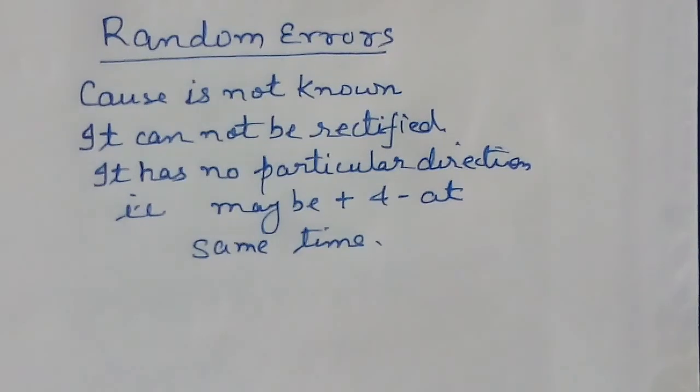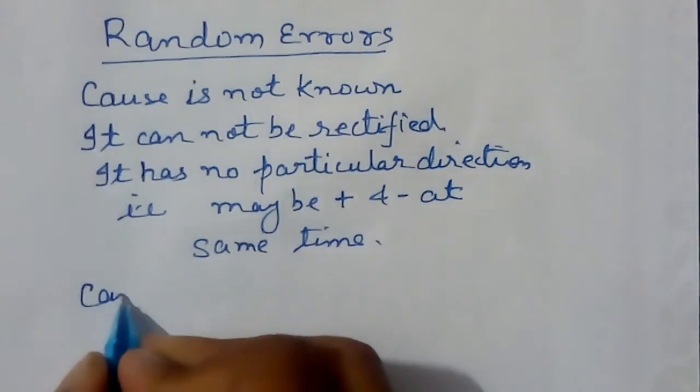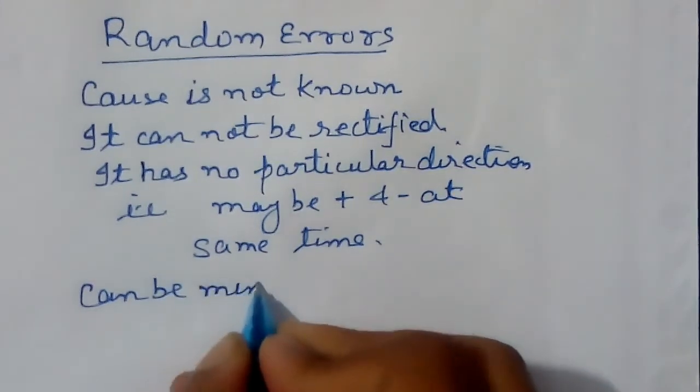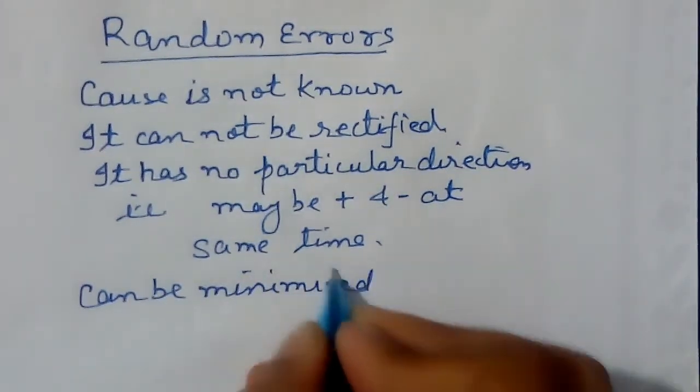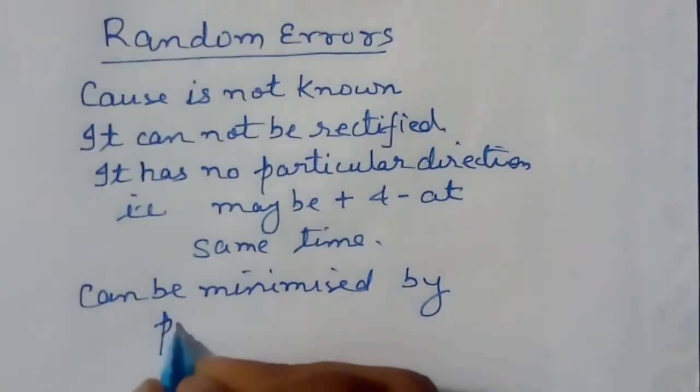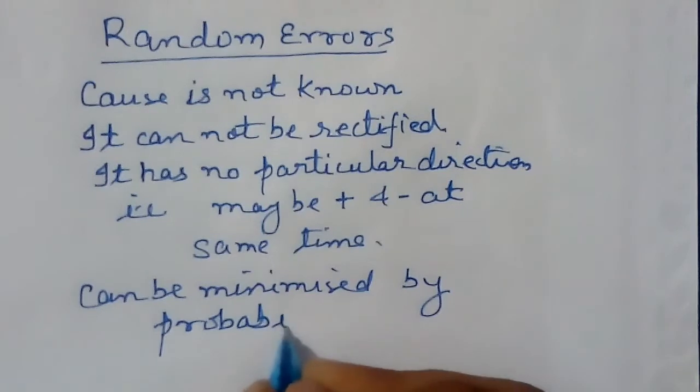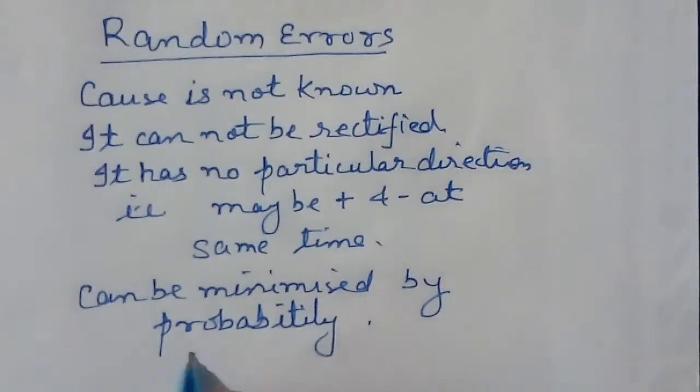So these random errors can be minimized by probability. Probability means when we are doing any experiment, we take many observations. The reason behind taking many observations is that we want to take the mean, so that the error that occurs due to random errors can be minimized.